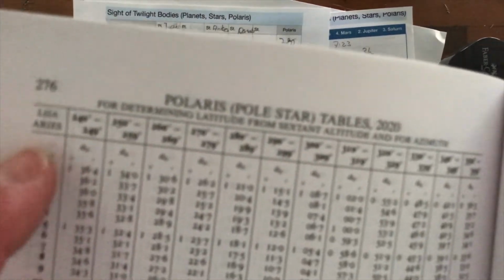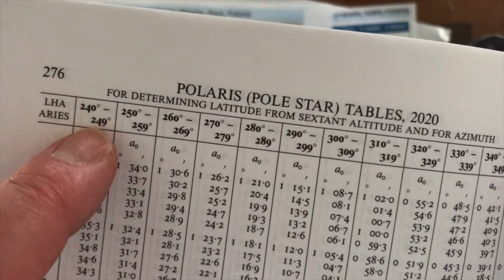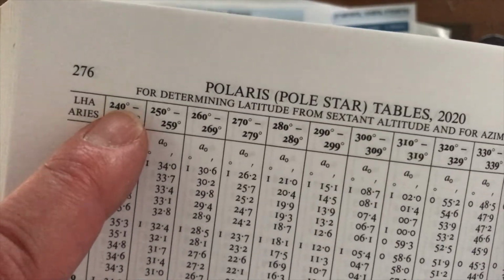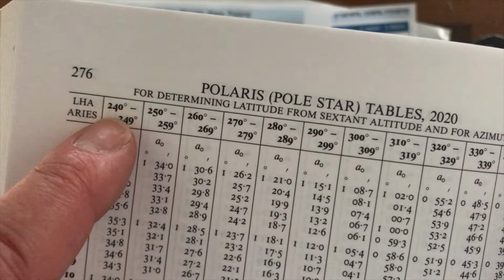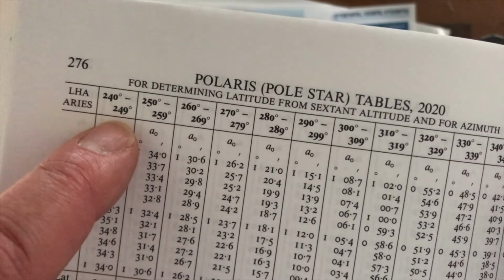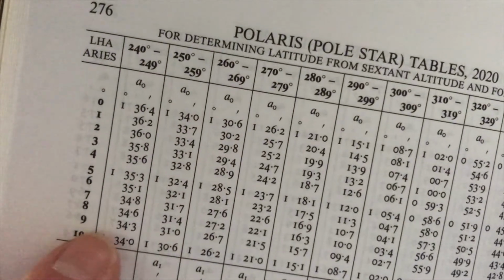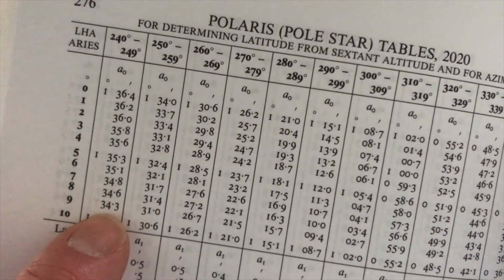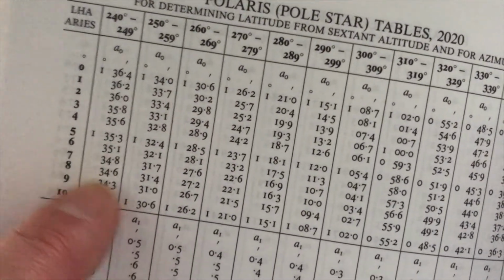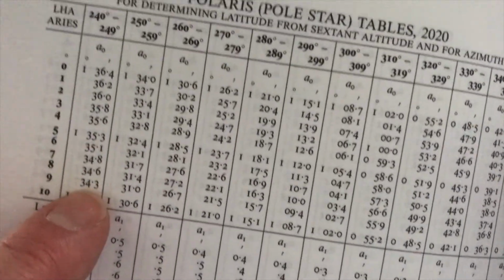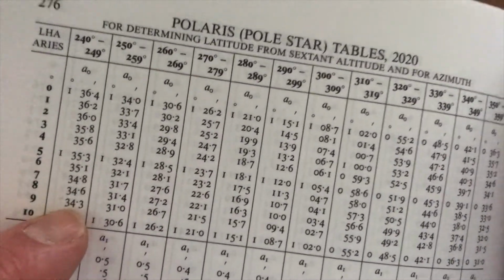So 249 degrees is in this column. We go down here. This is 249. So the first correction that we have to apply is 1 degree and 34.3.